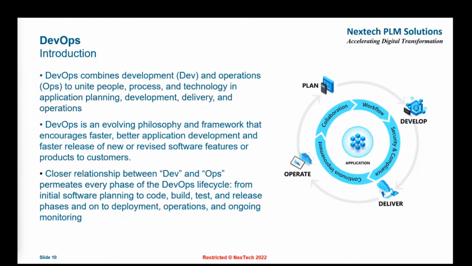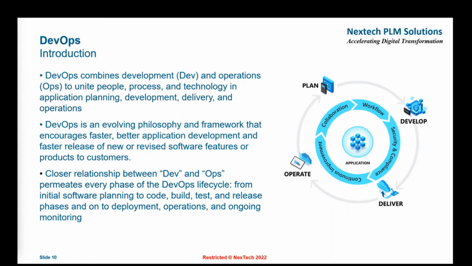Then you deliver, which means after the development is done, you deploy, and then you operate. Operate in the sense that you maintain, whether it is monitoring of the solution, issues, or bug fixing. So at a high level, DevOps does these four things.